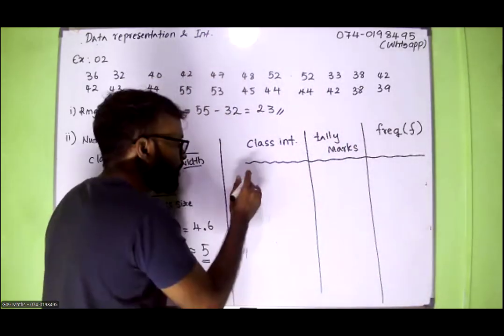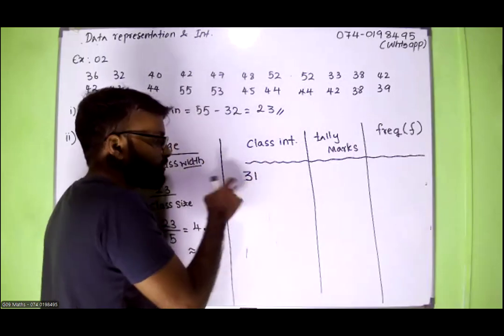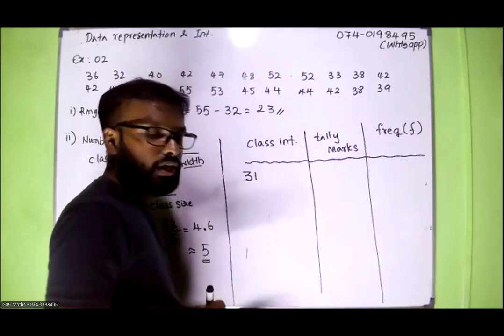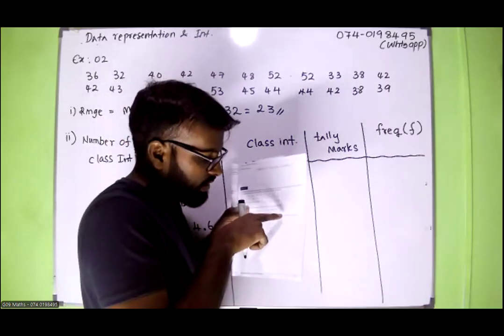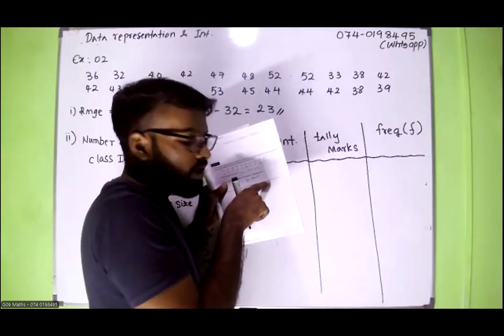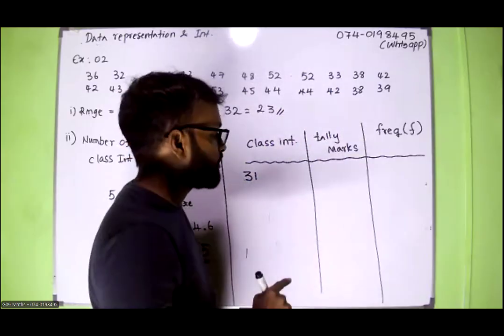From 31 you are going to define the class interval. So this is the starting point, and inside your bracket you have 31. 31 to 36.